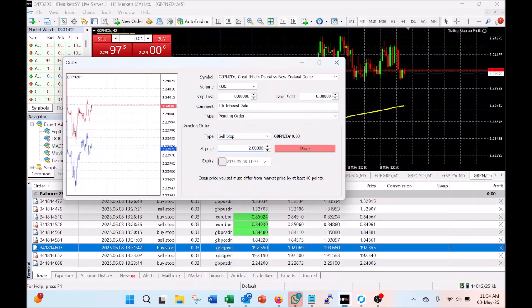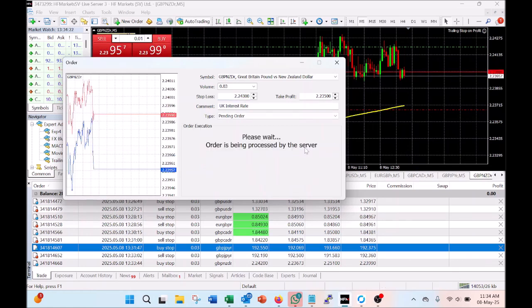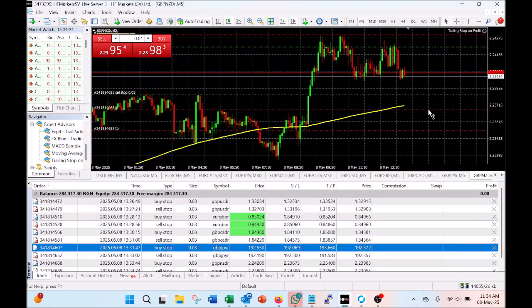We need to ensure that we give sufficient gaps because I've observed that in certain news events, when you have pairs like the British pound New Zealand, the spread goes extremely wide, much further than what most brokers will advertise. So a lot of caution is exercised for pairs of this particular nature.